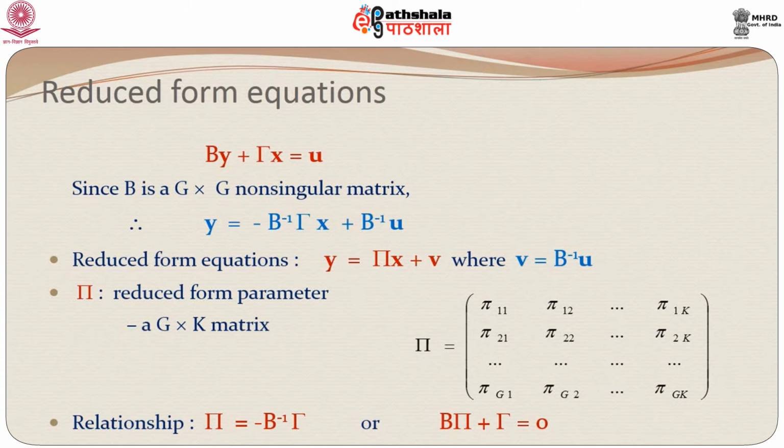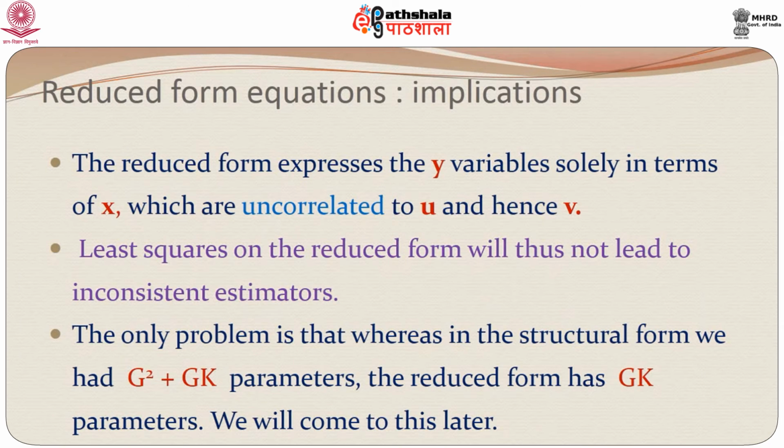Now, why do you go for the reduced form equations? What are the implications of these reduced form equations? Firstly, the reduced form expresses the variables y, which are the endogenous variables, solely in terms of the exogenous variables. So, on the left hand side we just have y, on the right hand side we have Pi into x plus the error v.